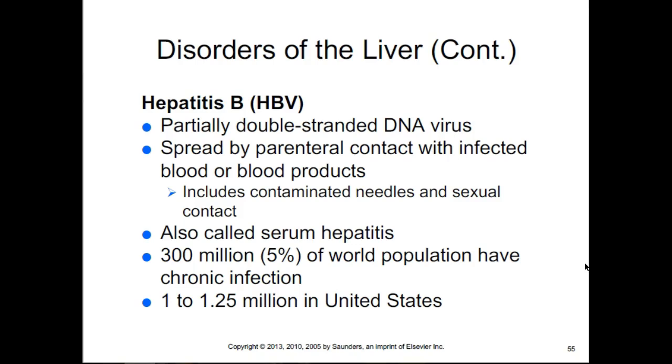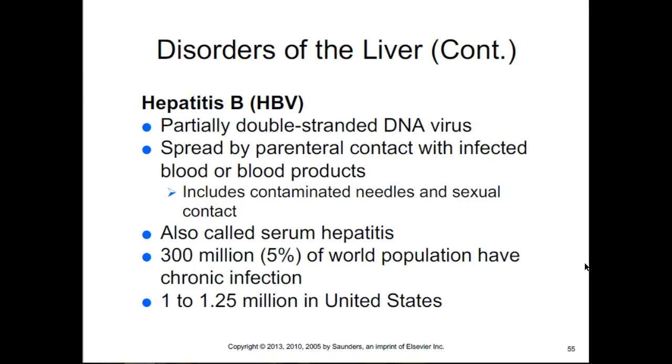So they're going to have that infection for life. Whereas hepatitis A was self-limiting, right? So most of the time it's going to be contaminated needles and sexual contact, right? And then hepatitis B is going to be spread a lot in the injection drug user population.